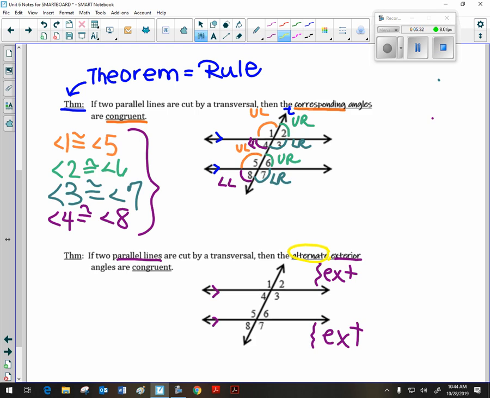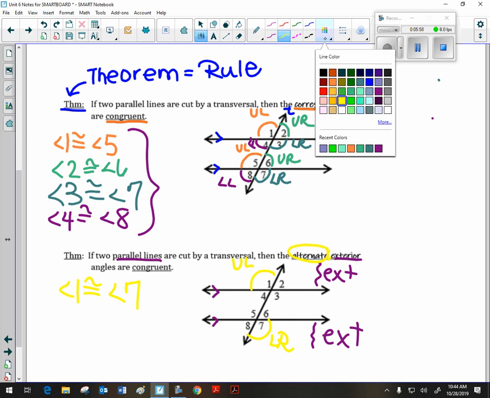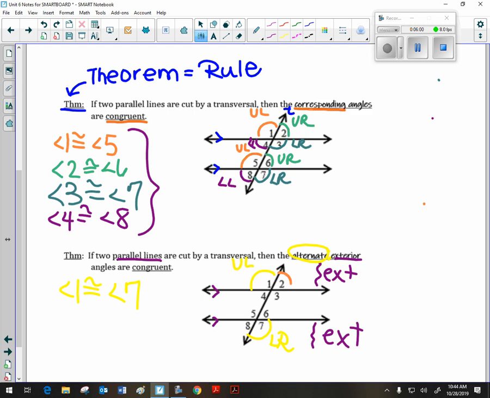So when I'm looking, let's say, at angle 1 that's in the upper left, its pair for an alternate exterior angle is in the lower right. So they're exterior angles on alternating sides of the transversal, and they will be congruent to each other. My other pair of alternate exterior angles are going to be angle 2, which is in the upper right, and angle 8, which is in the lower left, alternating sides of the transversal outside the parallel lines.